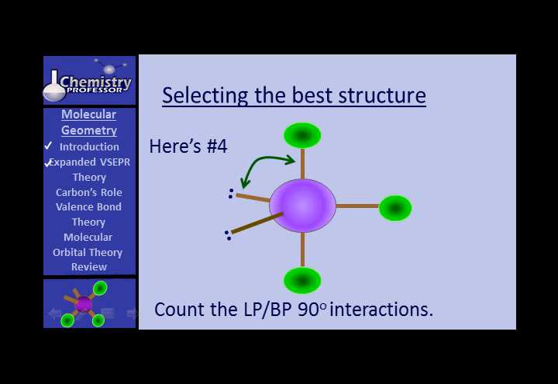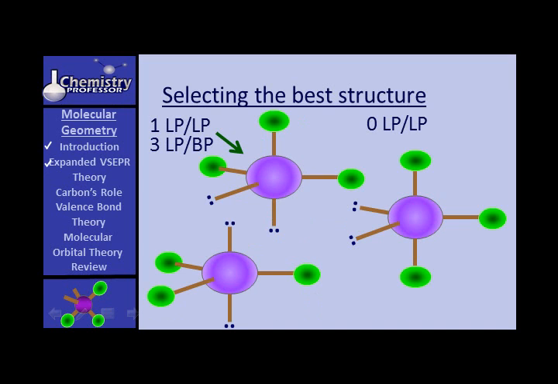So we have no lone pair 90-degree interactions and 4 lone pair bond pair interactions. So here we've got this. And remember, that one's got 4 lone pair bond pair and no lone pair interactions. Okay, let's go to the next one, which I bet was your favorite.